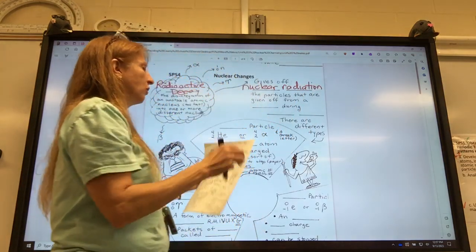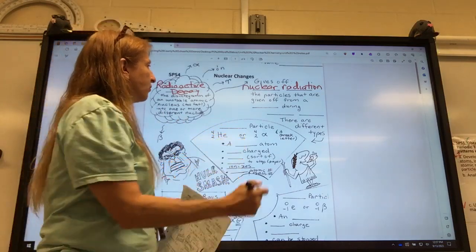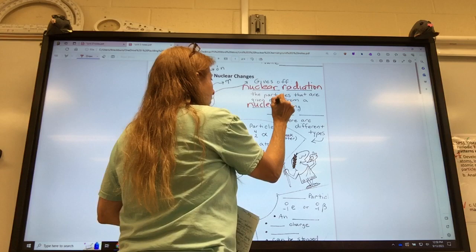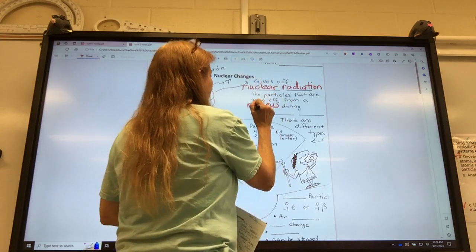Nuclear radiation is the particles that are given off from a nucleus during radioactive decay.